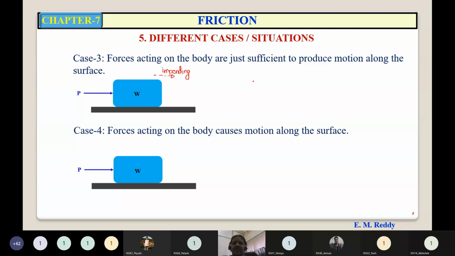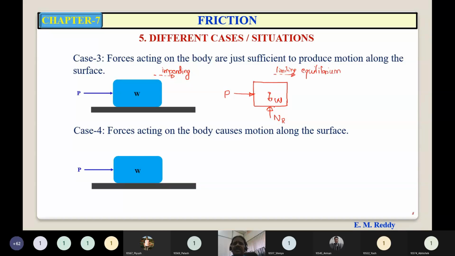So if you draw a free body diagram: weight of the body, normal reaction from the surface, applied force P, but the body is in impending motion, which means it is in limiting equilibrium. It is about to move.